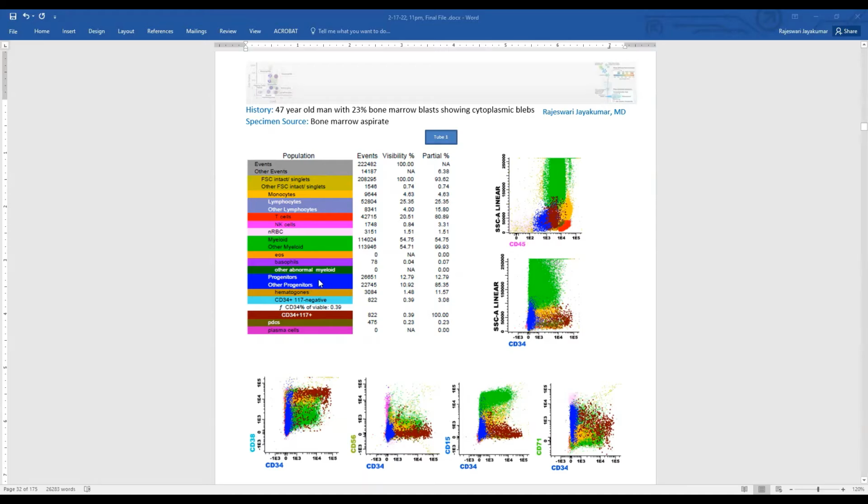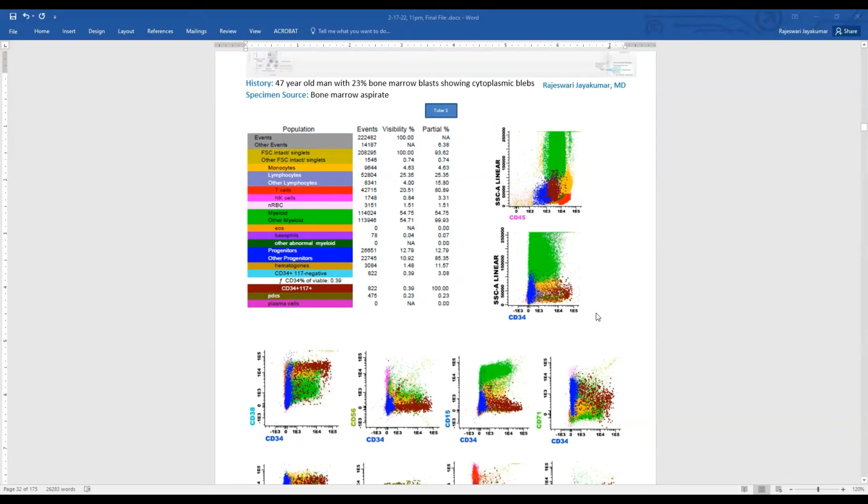The blue cells account for 12.7%, or almost 13%, of all cells, and the maroon population accounts for less than 1%, actually 0.39%. They say that these are CD34 and CD117 positive. So this is a small population, and the majority of the cells sitting in the blast gate are those painted blue. Now let's further go over these plots.